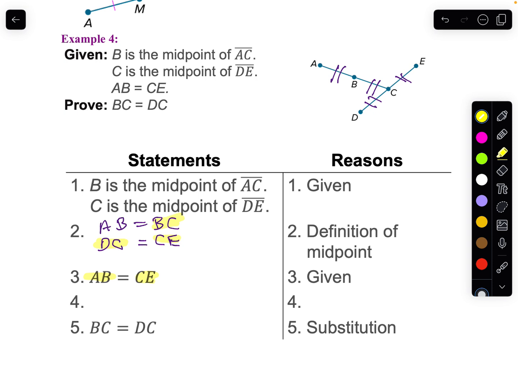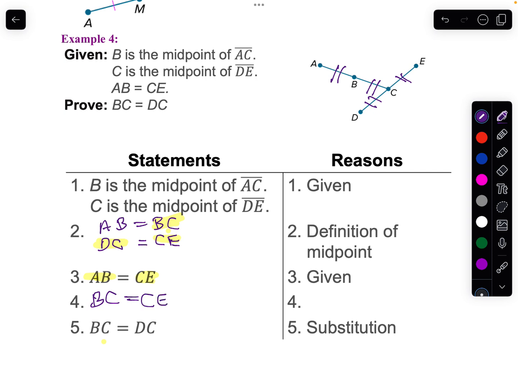So I'm going to say BC. Instead of writing AB, I'm going to write BC. Actually, I don't need step 4, but I'm going to write it in here. If I look at what I'm trying to prove, let me go back up here. I'm going to go BC. And I know BC equals AB, but I know AB equals CE.